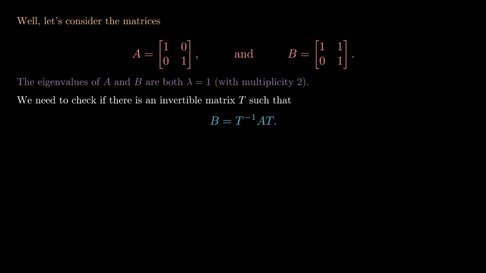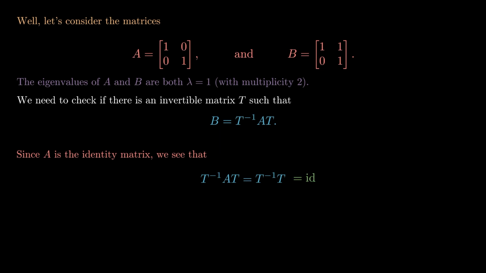In other words, we need to check if we can change the grid such that A can be written as B. Now, since A is the identity matrix, we see that T inverse AT is just T inverse T, because AT is just going to be T again. But now T inverse T, well, that's the identity by definition.